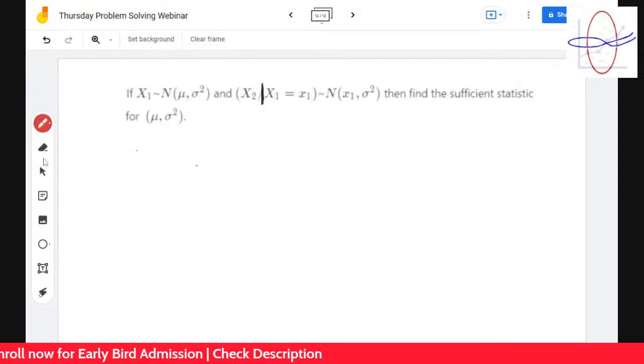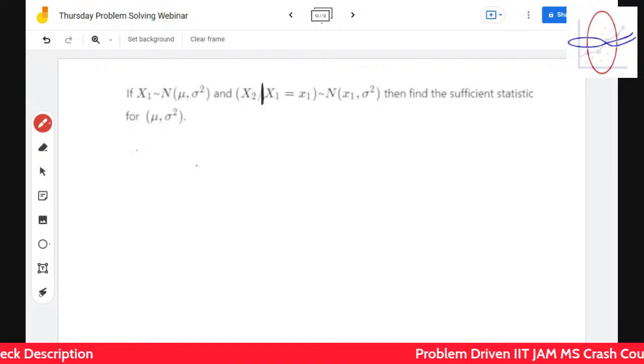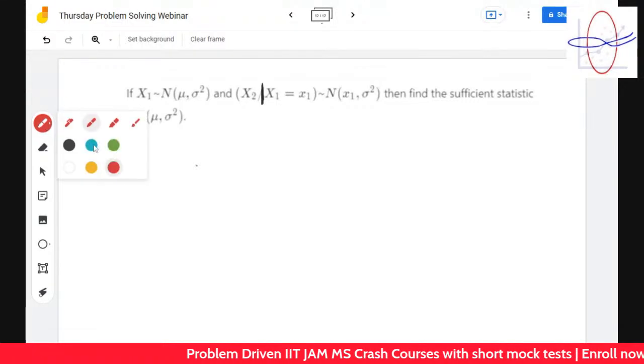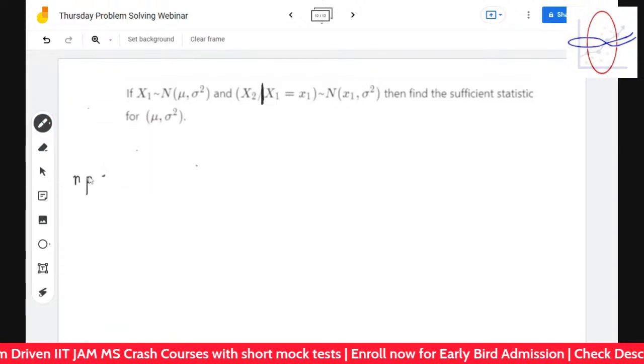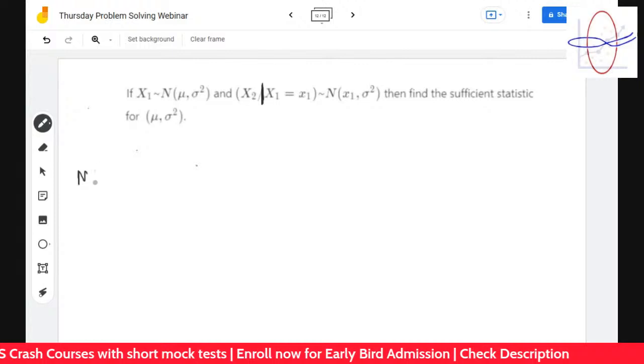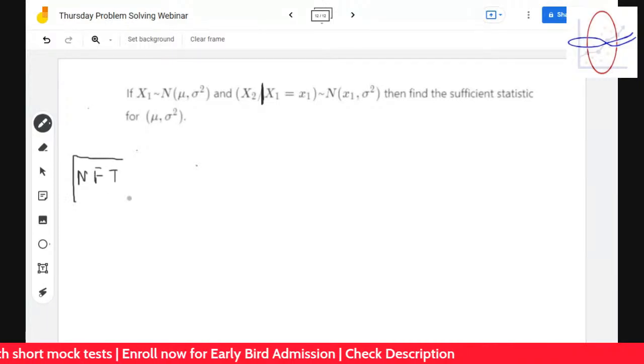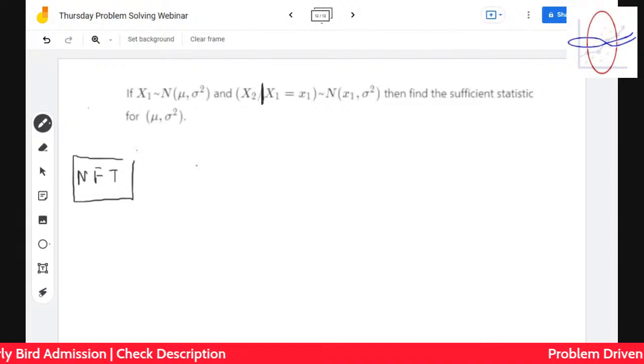Neyman factorization. Always, closing your eyes, Neyman factorization. Just that here you have to check in terms of Neyman factorization only. NFT, I'd call it, Neyman factorization theorem. So now let's try to use that over here.